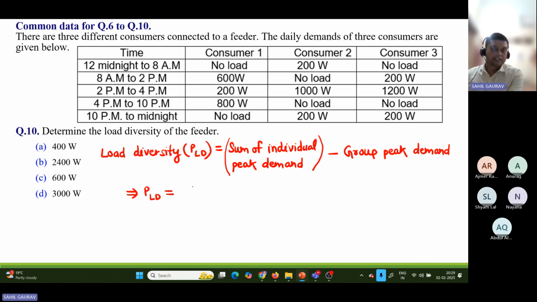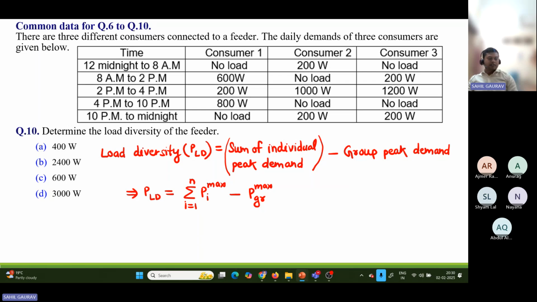You can write it as the sum from i equals 1 to n. So this is the expression: sum of individual peak demand minus group peak demand.